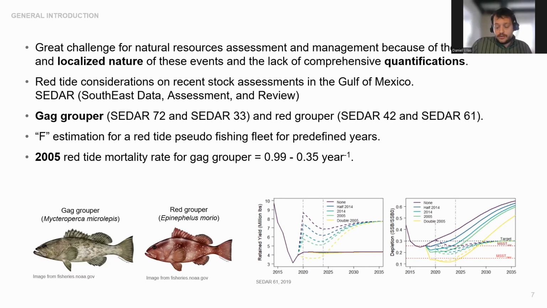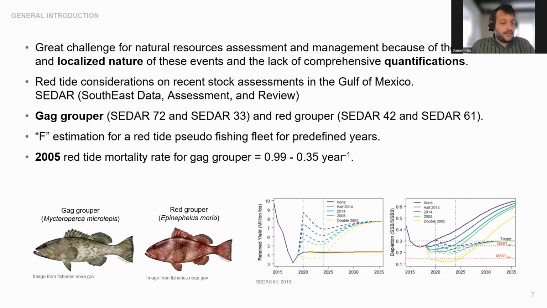In those stock assessments, what was done consists of creating a pseudo fishing fleet in which the mortality caused by this fishing fleet is attributed to the red tides and is activated during the severe red tide years. It is estimating this mortality, which is not fishing mortality, it's other natural mortality, for predefined years.